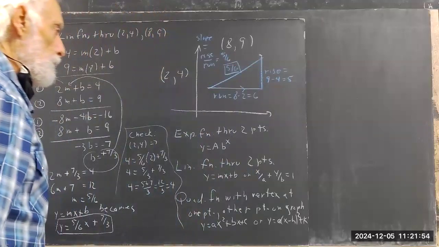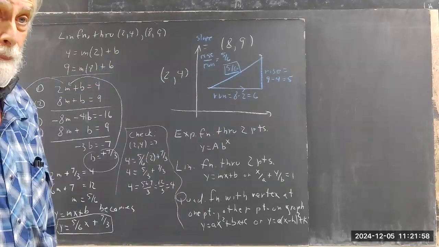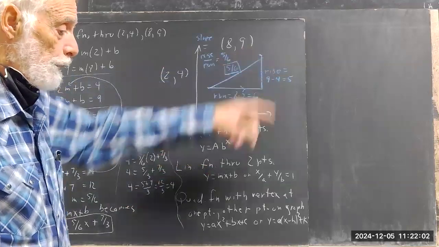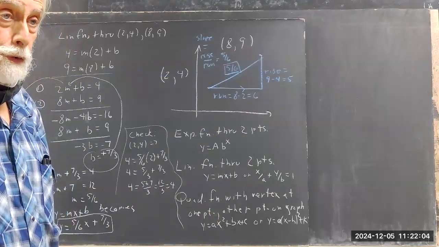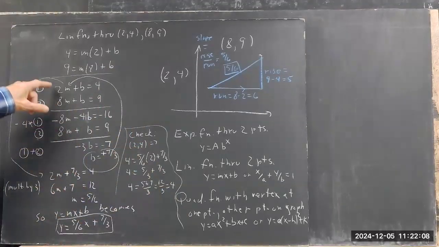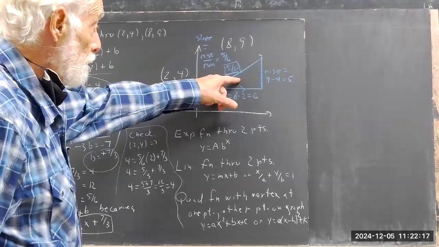If I ask you on a problem to construct the fundamental triangle, I want you to do this. If I ask you to find the equation between these 2 points using 2 simultaneous equations, then this is what you do. If I ask you to do it using the slope and the intercept, I want to see the fundamental triangle.